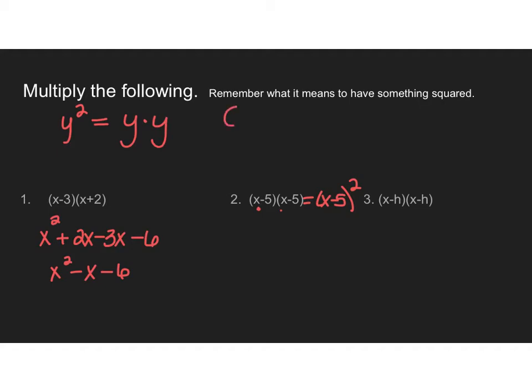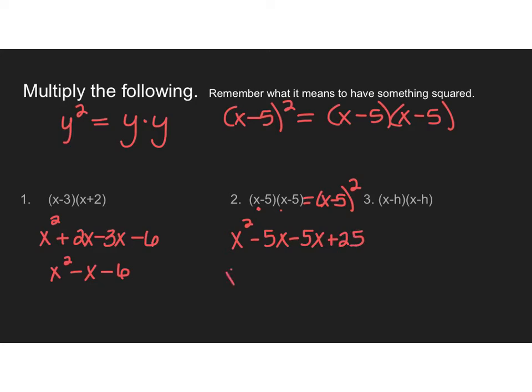So if we see x minus 5 squared, that's x minus 5 times x minus 5. So for that example, we would end up with x squared minus 5x minus 5x plus 25, or x squared minus 10x plus 25.